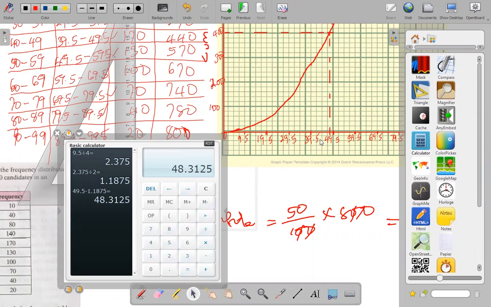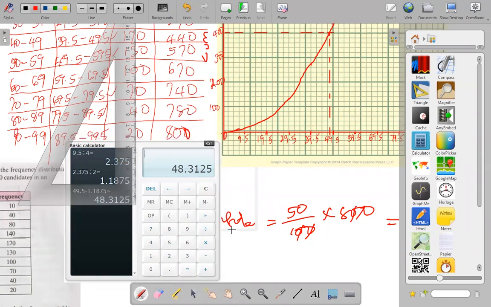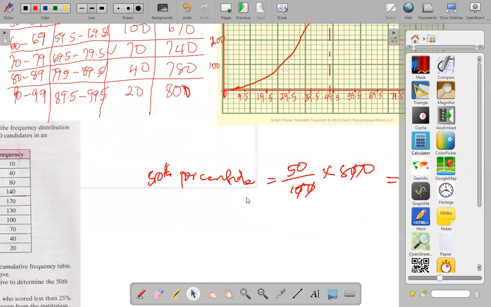My answer is 48 point something, so I'll round it to 48.3. The 50th percentile therefore is 48.3.